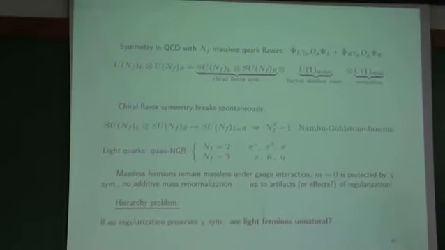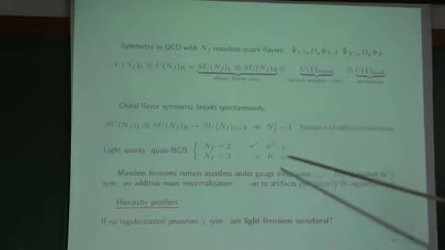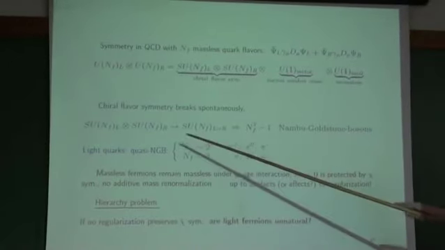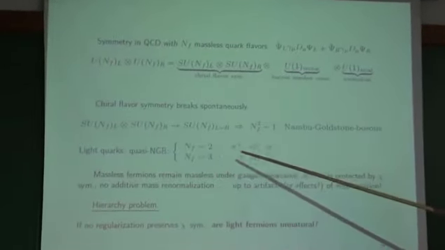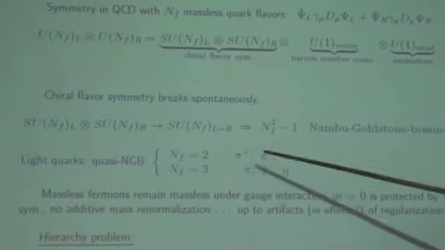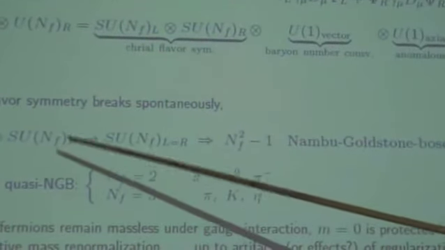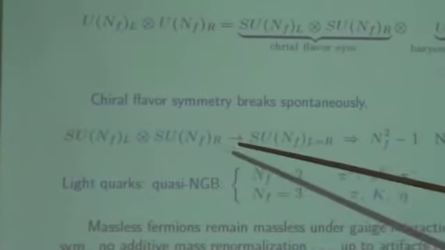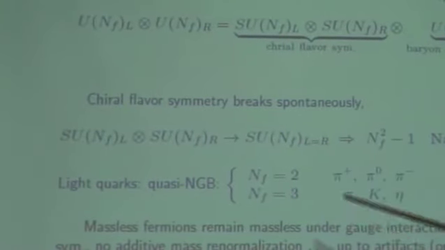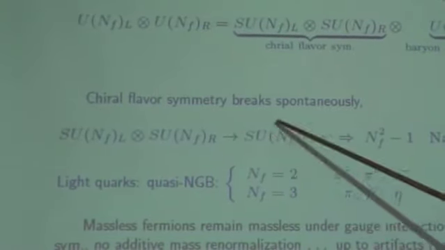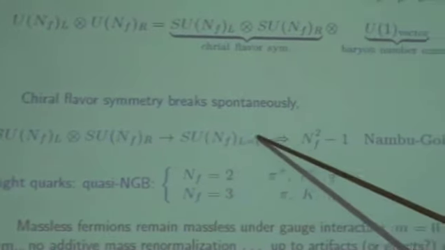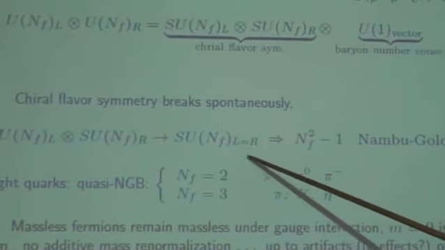We understand that in this massless limit, the chiral flavor symmetry would break spontaneously. There is strong evidence for that. This is not the physical situation, the quarks are not exactly massless, but numerically and theoretically we have strong evidence that there would be a spontaneous breaking down to SU(NF), where left and right-handed is the same.